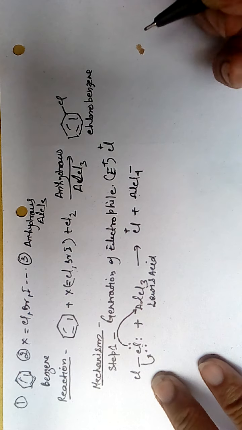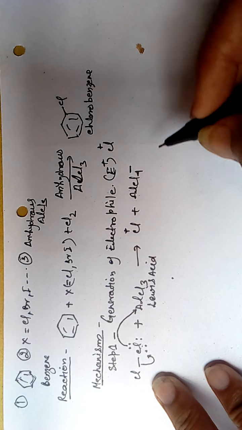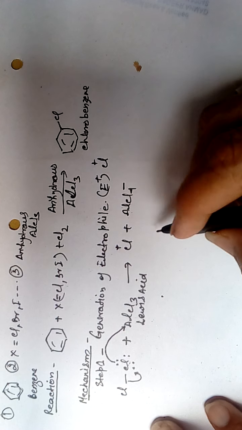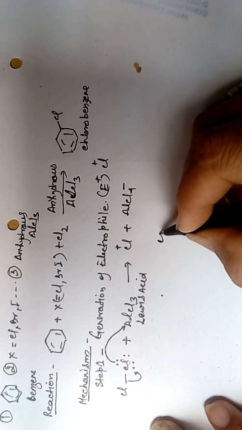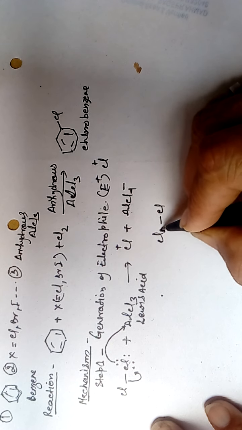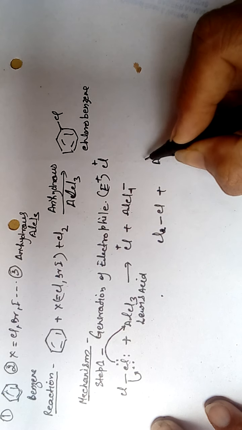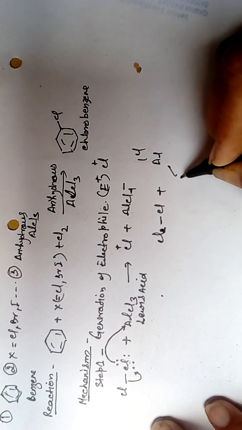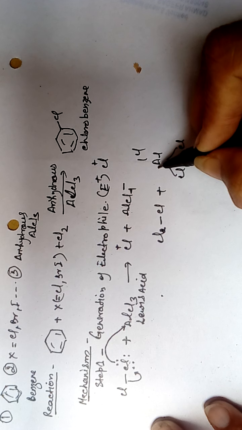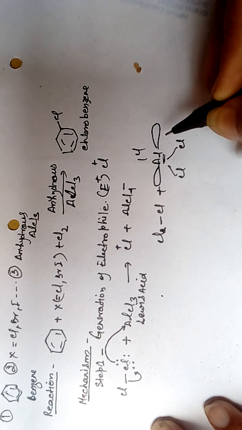How will it happen? We look here, chlorine Cl2, Cl and Cl, reacting with aluminum trichloride. We can write aluminum trichloride like this. This aluminum is electron deficient.